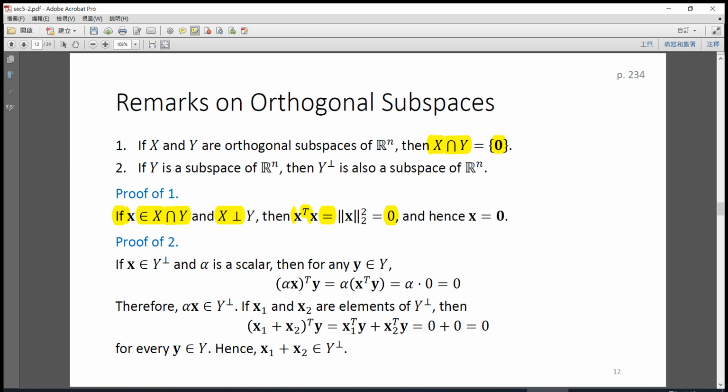Due to the first property in the definition of the inner product, we know x must be the zero vector, and hence the intersection of X and Y contains only one vector, that is the zero vector.